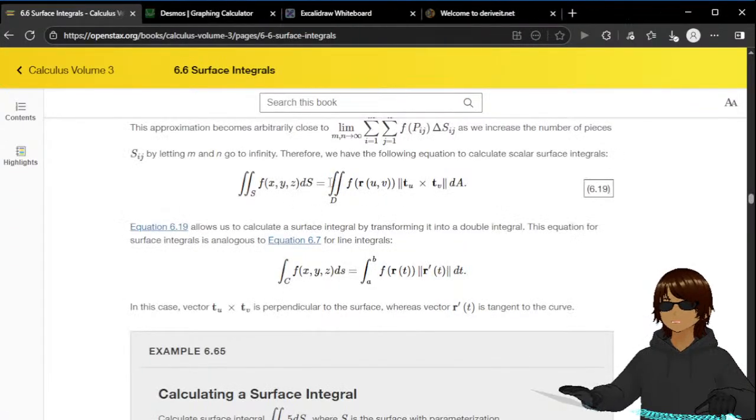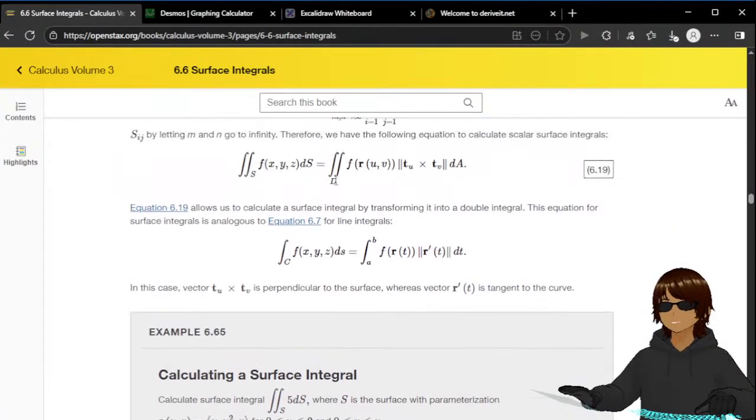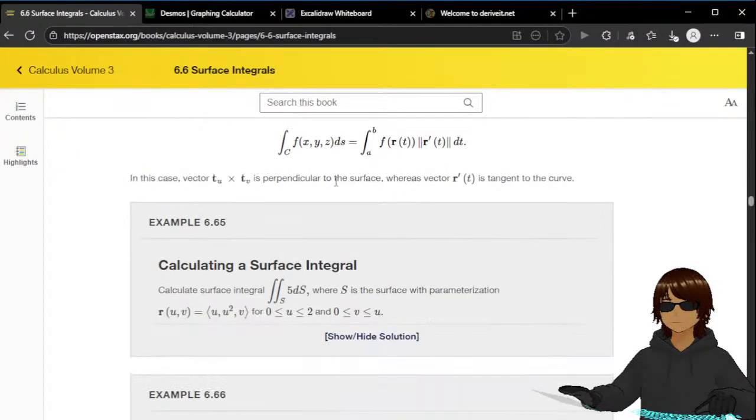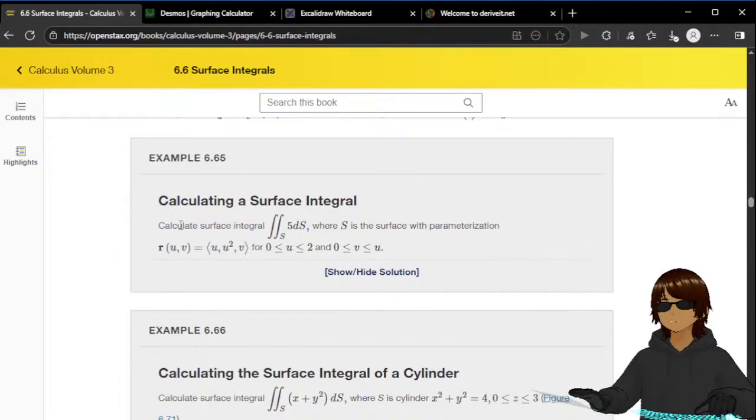So what does this give exactly? Does it give the area? Does it give a volume? Calculate the surface integral of this, where S is the surface with parameterization r(u,v).